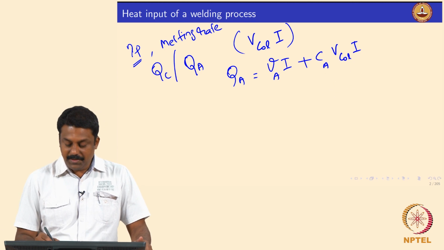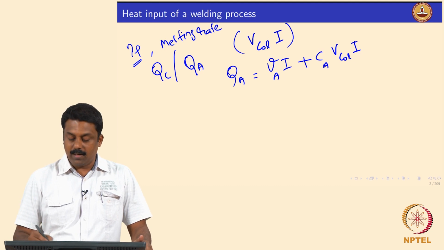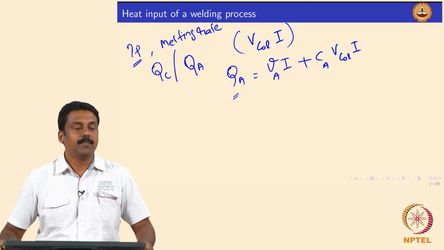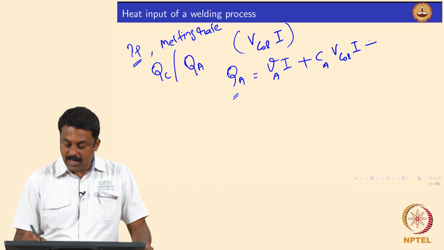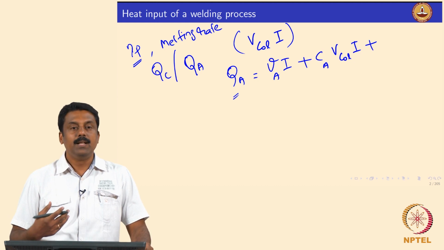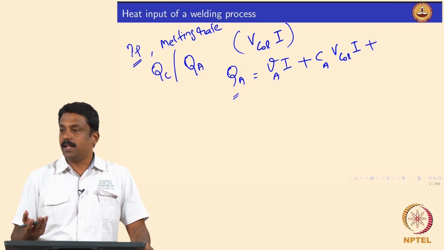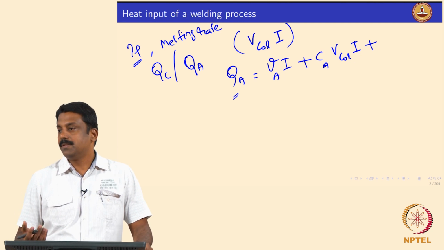So the efficiency is also determined by how much heat is transferred from the arc column to the anode, if it is QA, in the workpiece. In the anode you also add the heat from the work function, because the work function is spent in the cathode and gained in the anode when the electron reaches the anode.